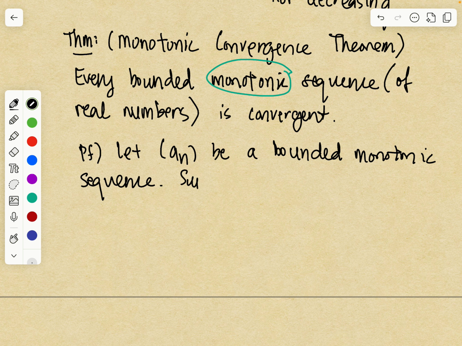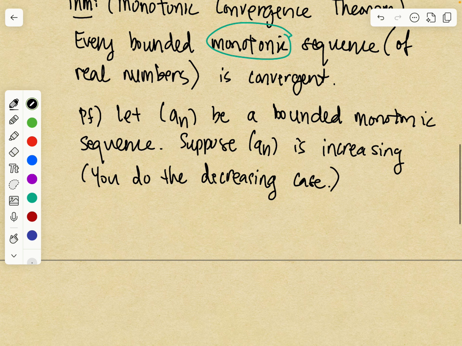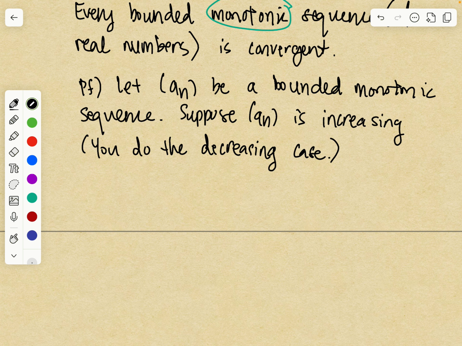Now suppose that this sequence is increasing. You do the part where it's decreasing. It's pretty much exactly the same. So I'll just do the part where it's increasing, and then you figure out the part where it's decreasing.